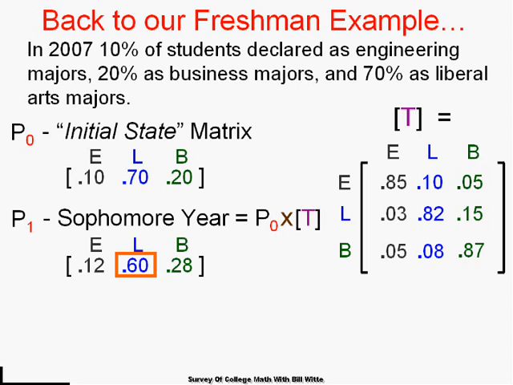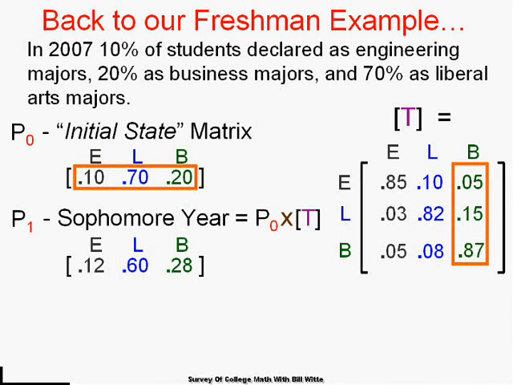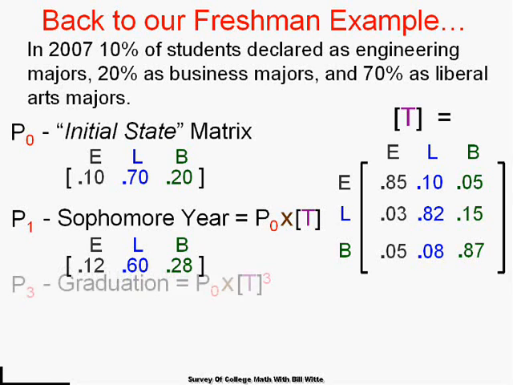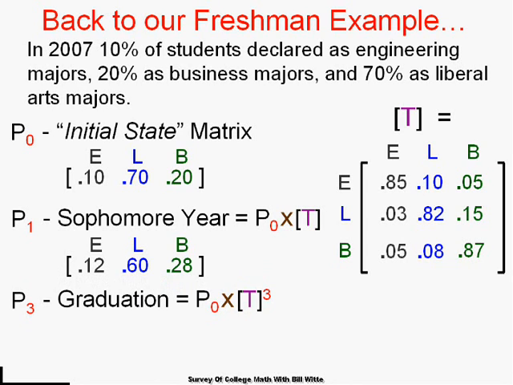Isn't it weird that you have a one-row matrix times a three-row matrix, and you end up with a three-column matrix with one row, though. And then the last one, 0.10 times 0.05 and 0.7 times 0.15 and 0.20 times 0.87. Add them all up, and you get that number. And that will tell us the state of the sophomore year, if you would. Of course, you'd have a calculator do it for you.